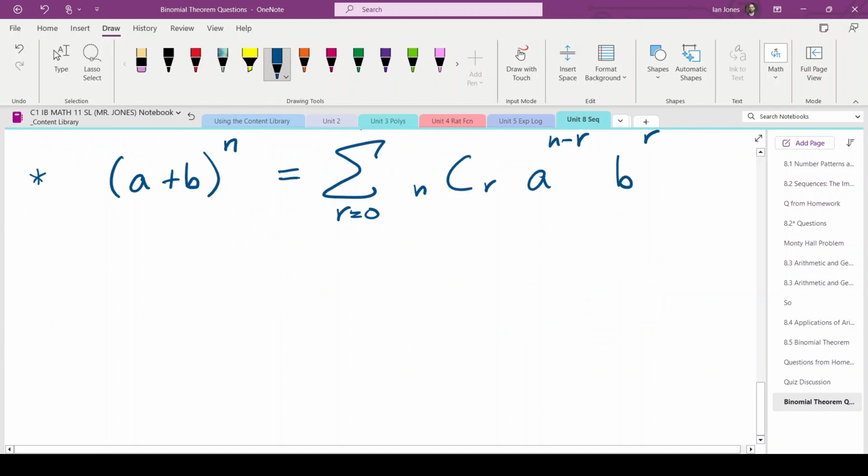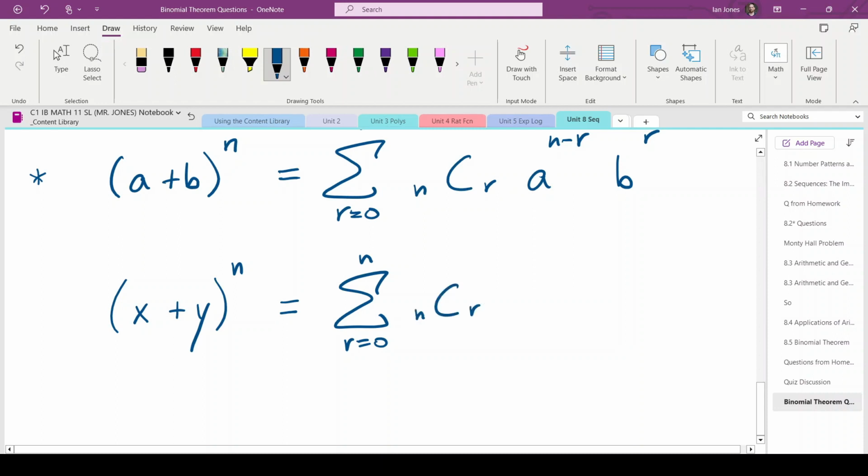Equivalently, we could replace the a with an x and the b with a y. And I recommend that you're able to write this out regardless of whether you're using a and b or x and y. In math, we'll often interchange whether you're using a and b or x and y, and often we make the choice based on what other variables are already there.